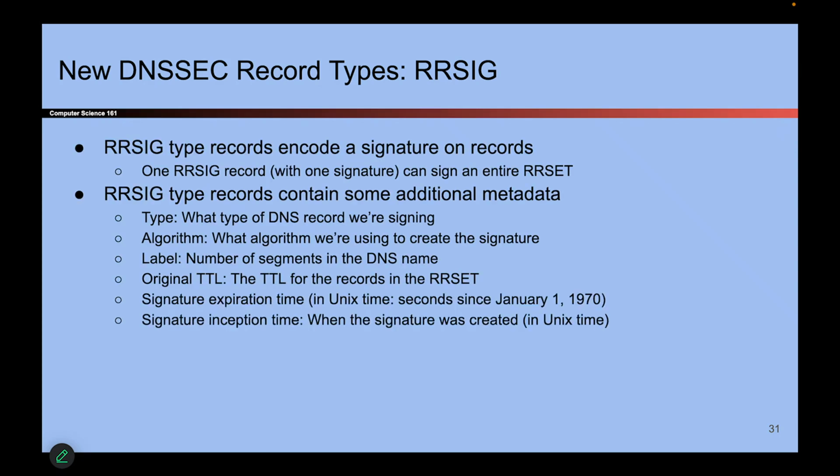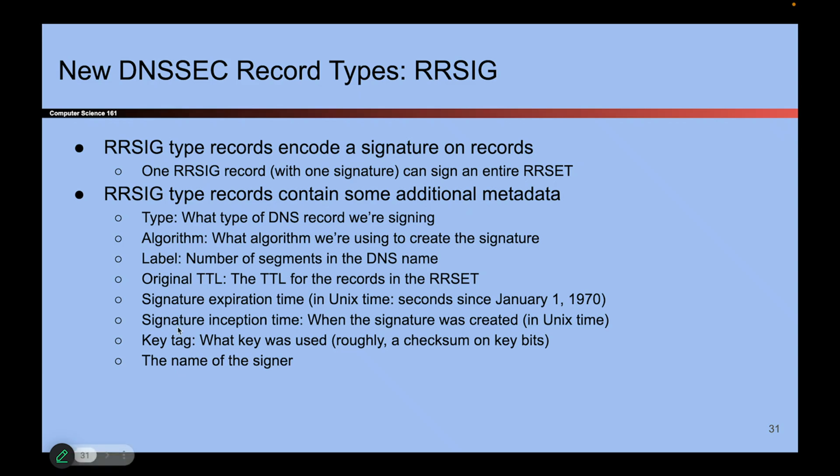If you want to know exactly what's in the records, you can read this, but I won't read them. But you'll see that there's some metadata that we normally don't talk about, but someone implementing this in real life would have to know. So when we're talking about how this works and how you think about it, you probably don't care about exactly when the signature was generated and when it expires.